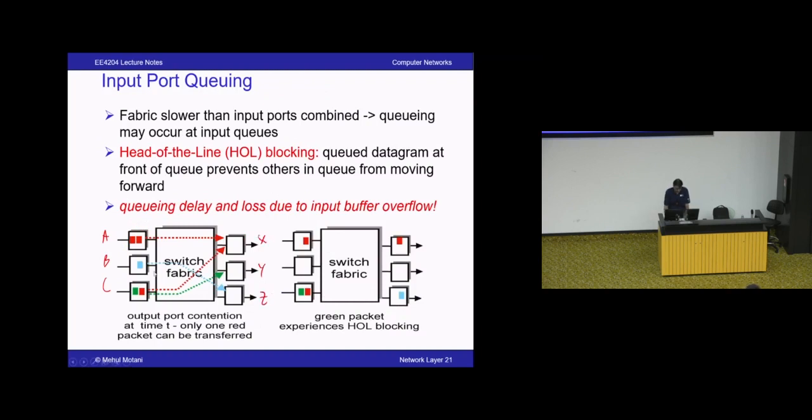So let's say that A and C both want to send to output port X. And so suppose that all red packets are meant to go to output port X, and green packets are meant to go to output port Y. Now, if A and C are going to compete for output port X, well, one of them will win it.